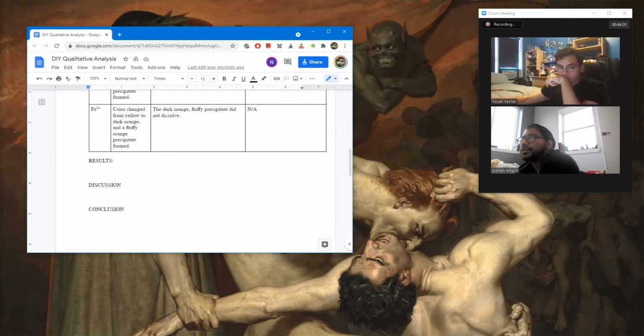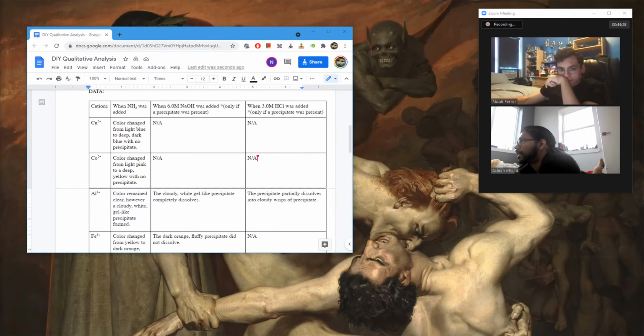So with cobalt, I'm confused. They say no precipitate formed in the first one. I think these are happening separately. We first add the ammonia, and then it is adding to the NaOH mixture.